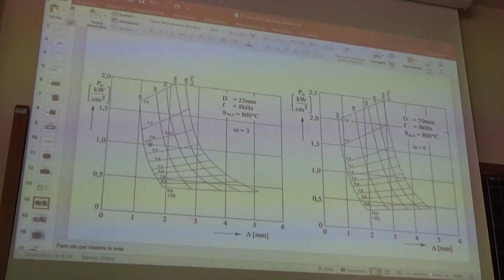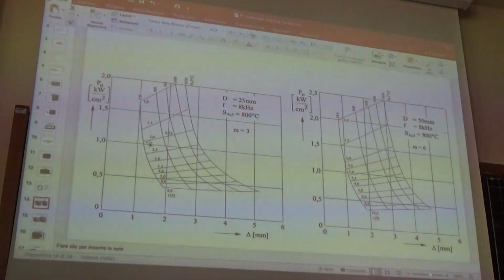Nowadays, maybe these diagrams can be obtained using numerical methods. But you know, it's a lot of calculation. If you have these diagrams, 2 minutes, and you can understand what are the main parameters for your process.